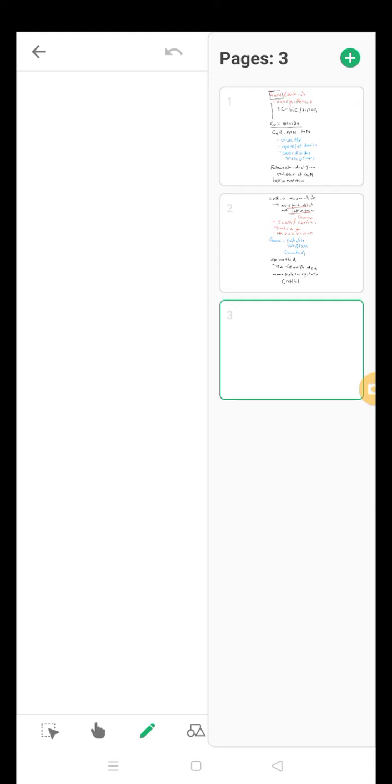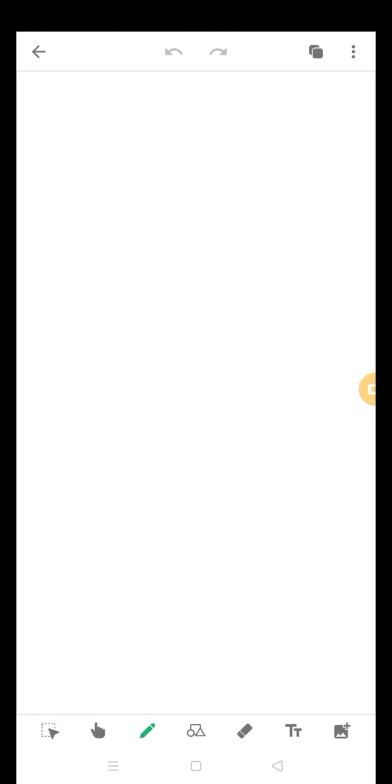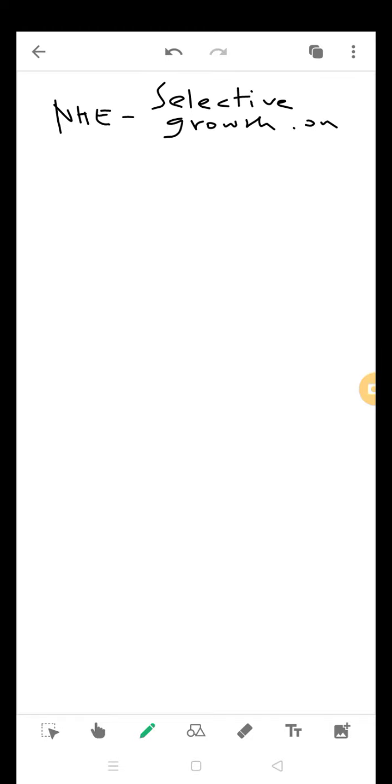Now this NHE is basically selective growth on nanopatterned substrate.